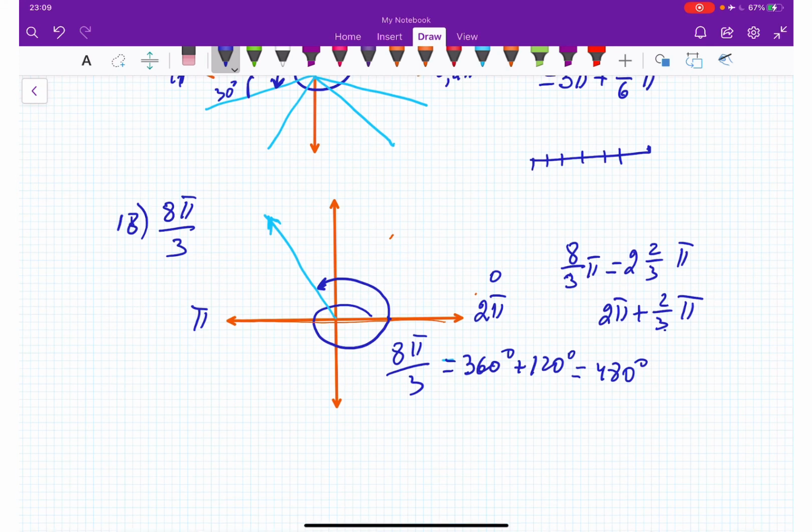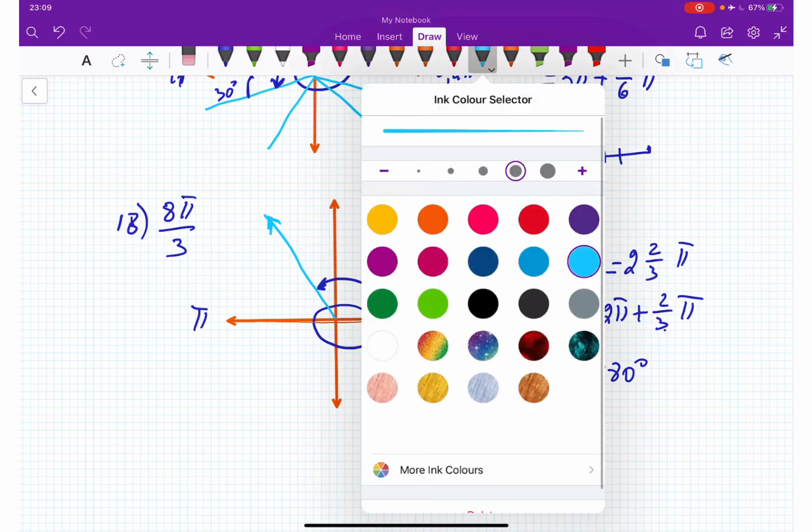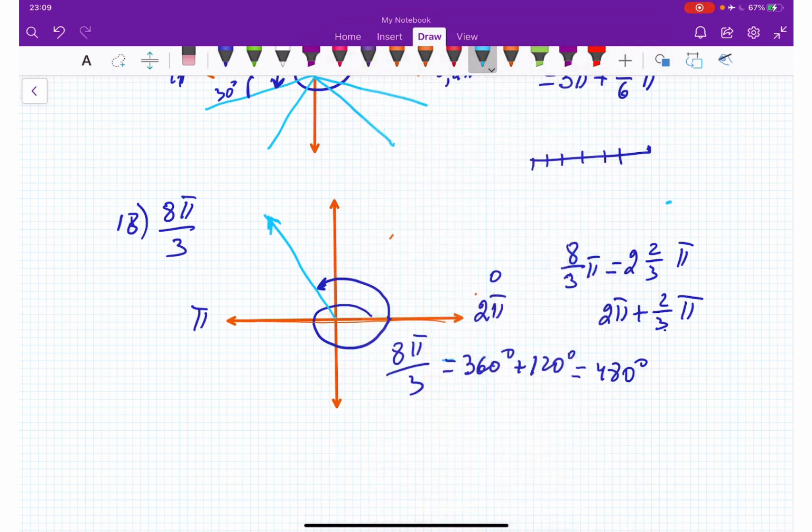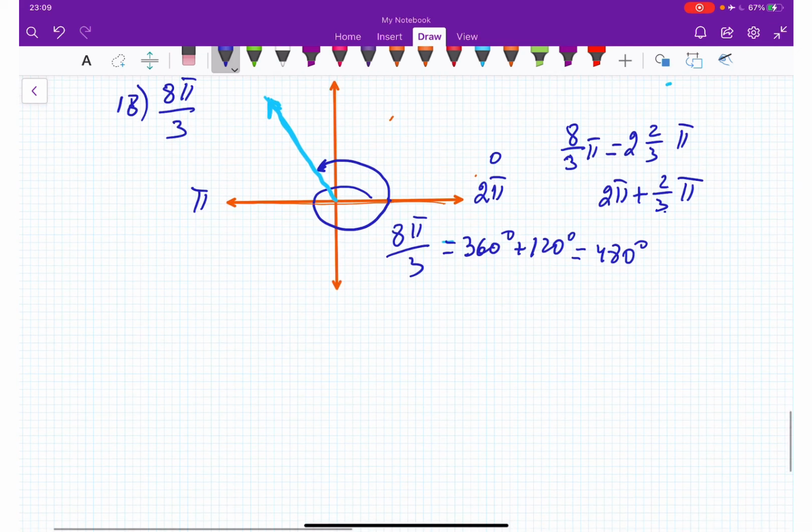Moving to question number 19. Let me make it thicker. Question number 19. Now let's work with negative angles. We have negative 3 pi over 4.